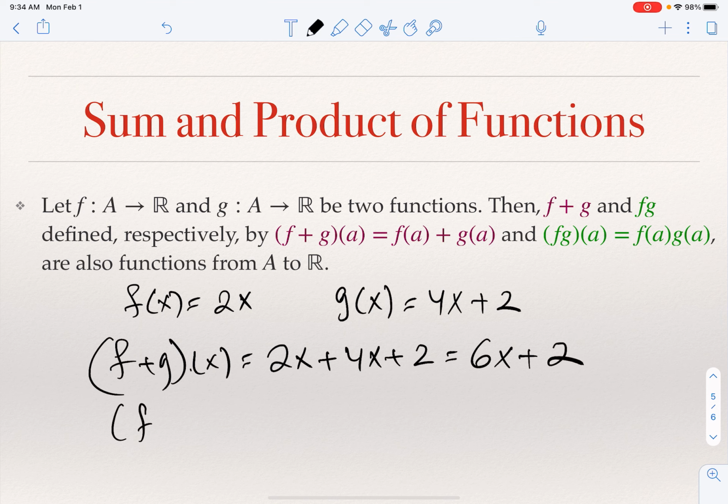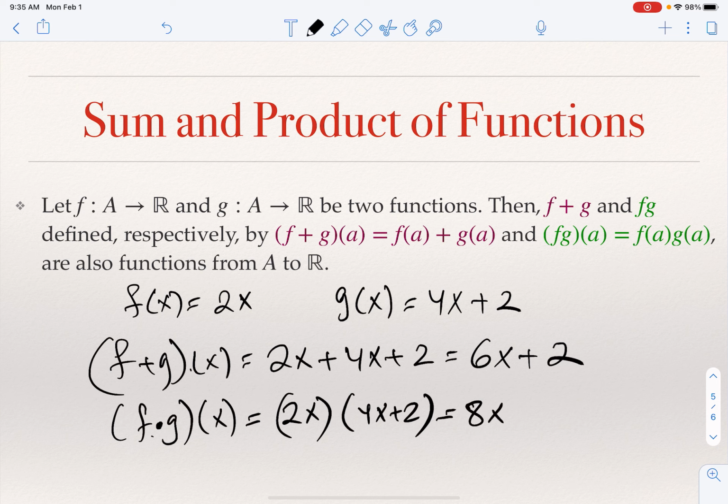What is f times g? I write a dot here, because we will later see another symbol, which is the composition of functions. So this is the product, f dot g, it is 2x multiplied by (4x plus 2), which is 8x squared plus 4x. Okay, so this is what the sum and product of functions are.